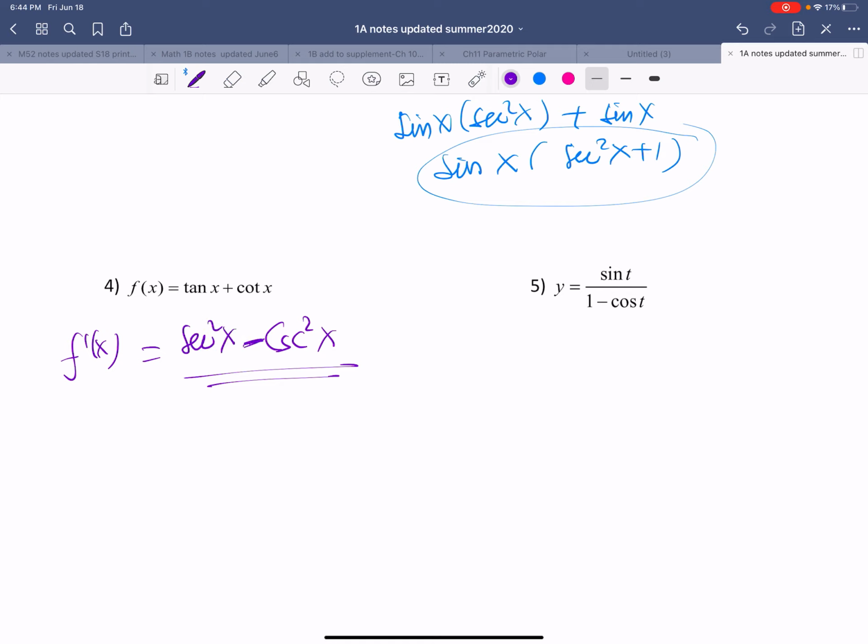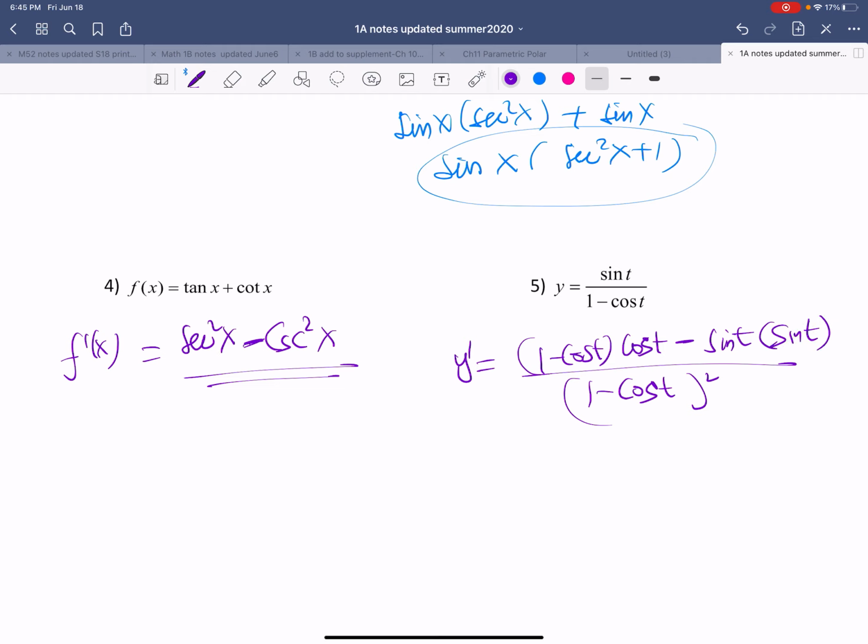Okay, the last problem we're going to look at today, I would have to use the quotient rule. 1 minus cosine t squared, 1 minus cos t, derivative of sine t is cosine t, minus sine t, derivative of 1 minus cos t would be positive sine t. Okay, which turns out to be cos t minus cos square t minus sine square t over 1 minus cosine t squared.